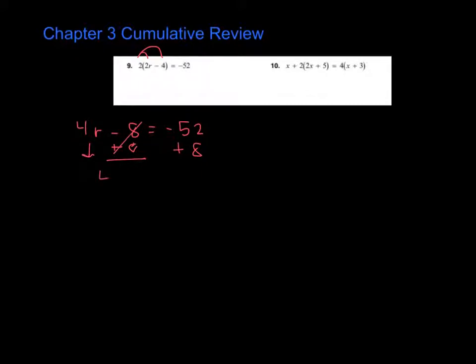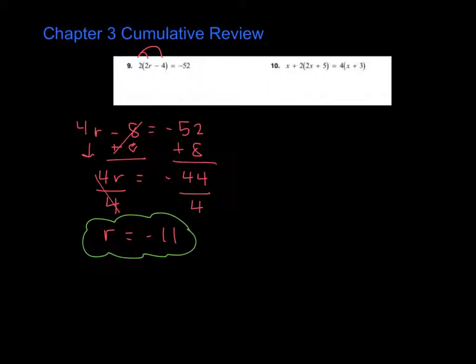I bring down my 4r, and negative 52 plus 8 is negative 44. Then the opposite of multiplying by 4 would be to divide both sides by 4. And when I do that, I find out that r must be equal to negative 11.